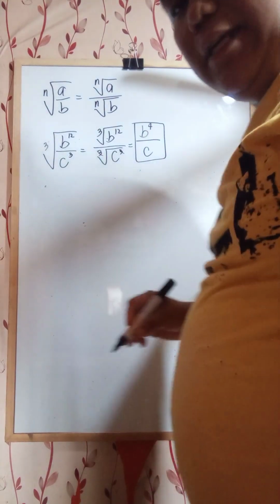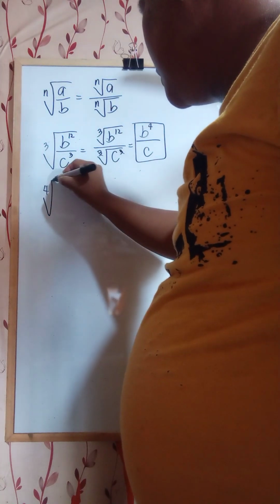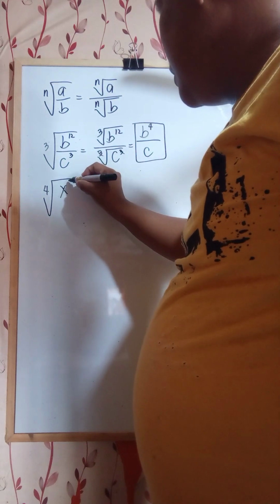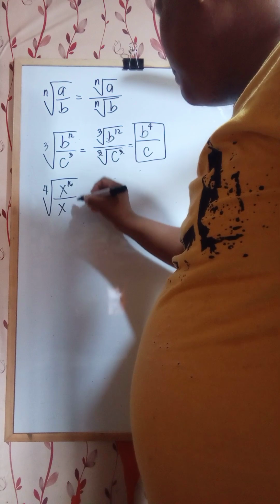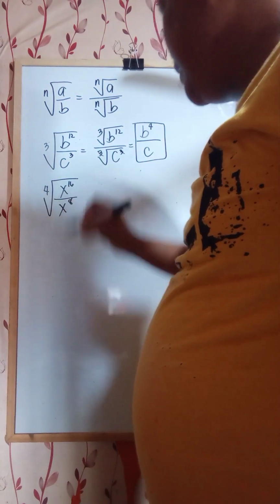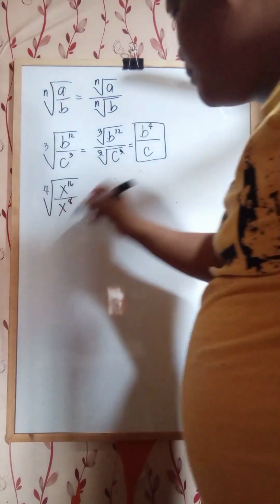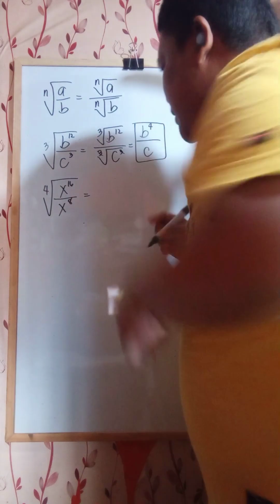So another one, let's have the fourth root of, let's say, x to the power of 16 over x to the power of 8. So, as you can see, parehas sila og variables. So, parehasan na to sa first example.